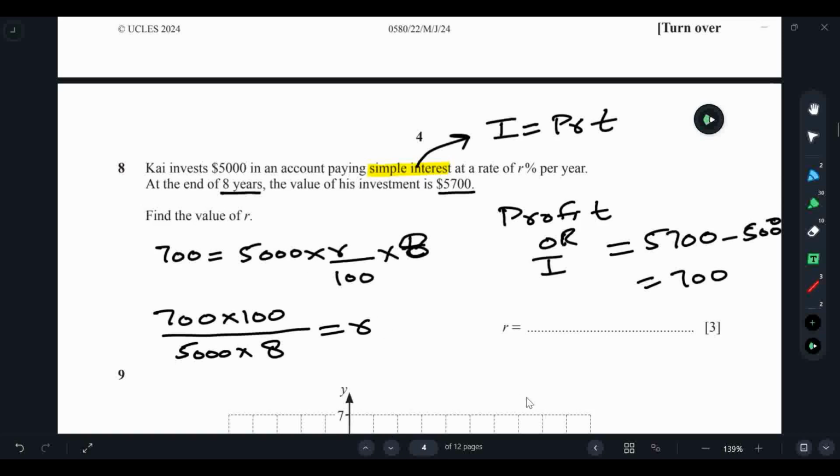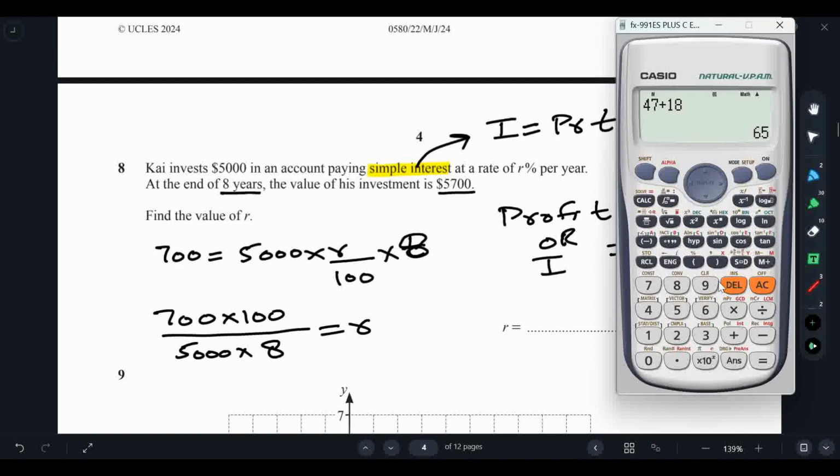So we can use the calculator to find this. 700 multiplied by 100, then divided by 5,000 multiplied by 8. This will be equal to 7 by 4, which means 1.75.